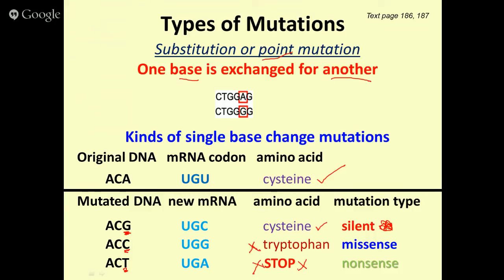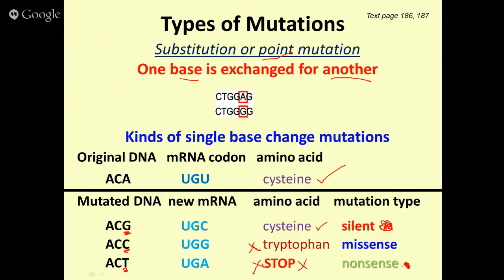So if you put in a stop codon where there's not supposed to be one, your protein or your polypeptide is going to be much shorter than it's supposed to be. And if it's much shorter than it's supposed to be, it's not going to work properly. So this is called a nonsense mutation, when you put in a stop codon and you end up with a very short polypeptide that probably does not work.